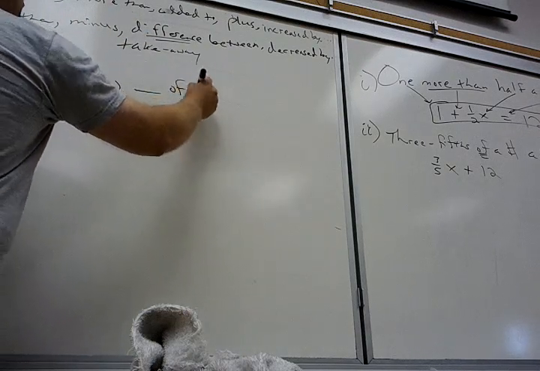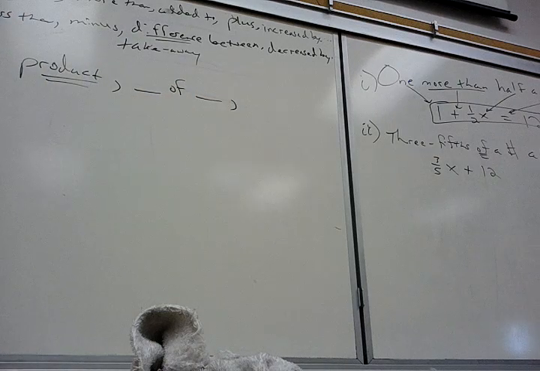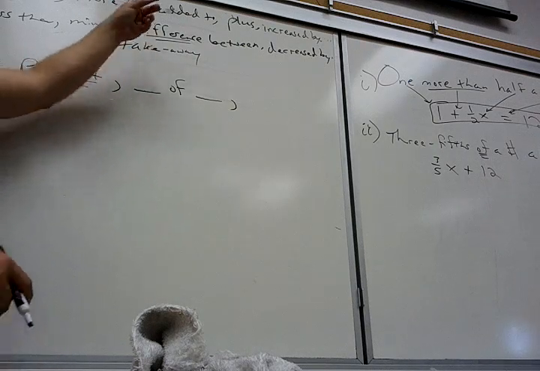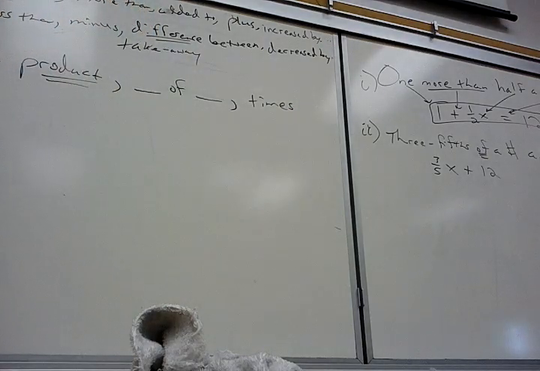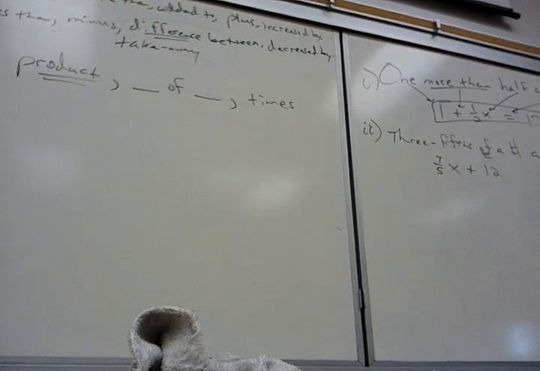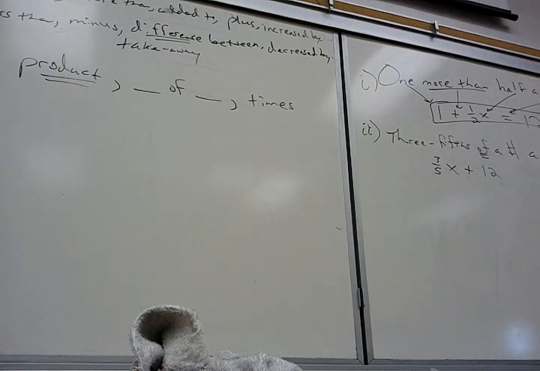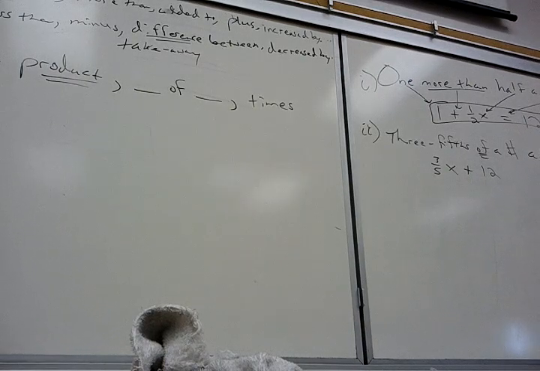So something of something leads to multiplication. Times. Just to go along with your minus and, right? 7 times the number added to, well, that's multiplication right there. Anything else? Words like twice obviously mean multiplication, right? Twice something would mean multiplication.